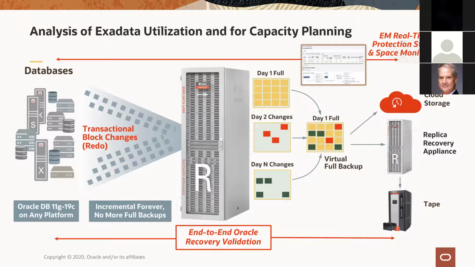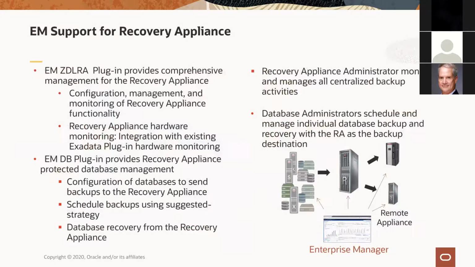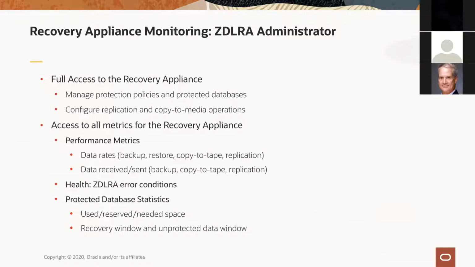So this is the recovery appliance, and in Enterprise Manager we have the full monitoring capabilities to handle all the databases that we have available. So we have an EM plugin for the recovery appliance that we are applying, and then we are able to manage the databases.